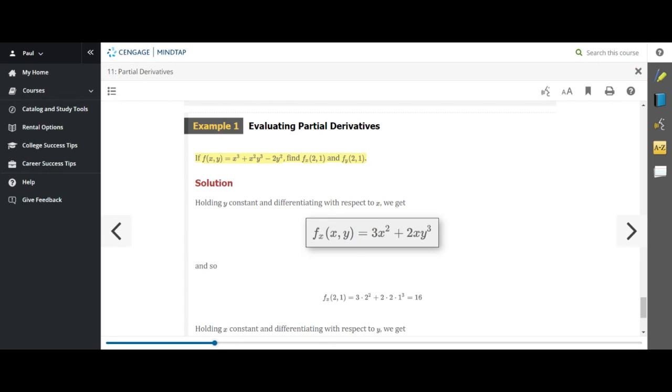So when you find the partial derivative of x cubed, it is 3x squared, but then I'll tell you what, let me go to the whiteboard on this one. This is example 1. Let me go to the whiteboard, and I think I can do this in a little more detail for you.